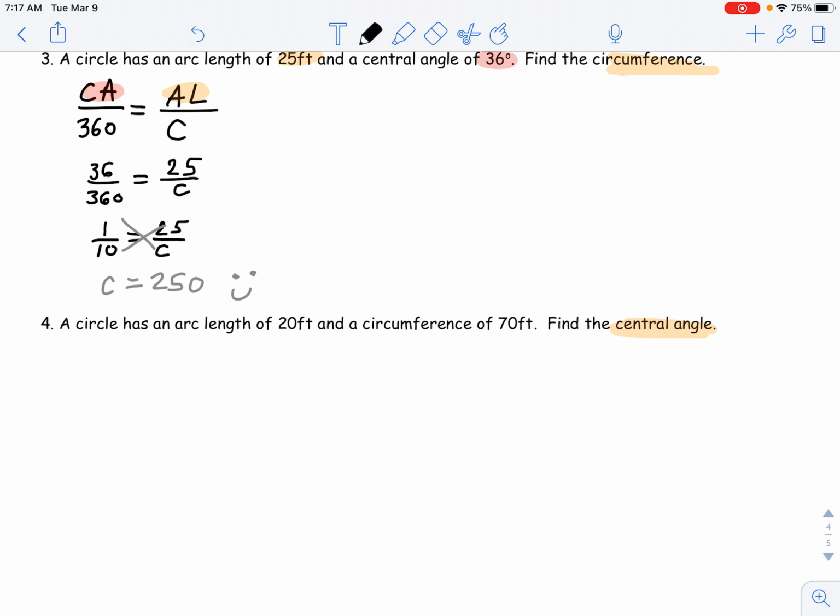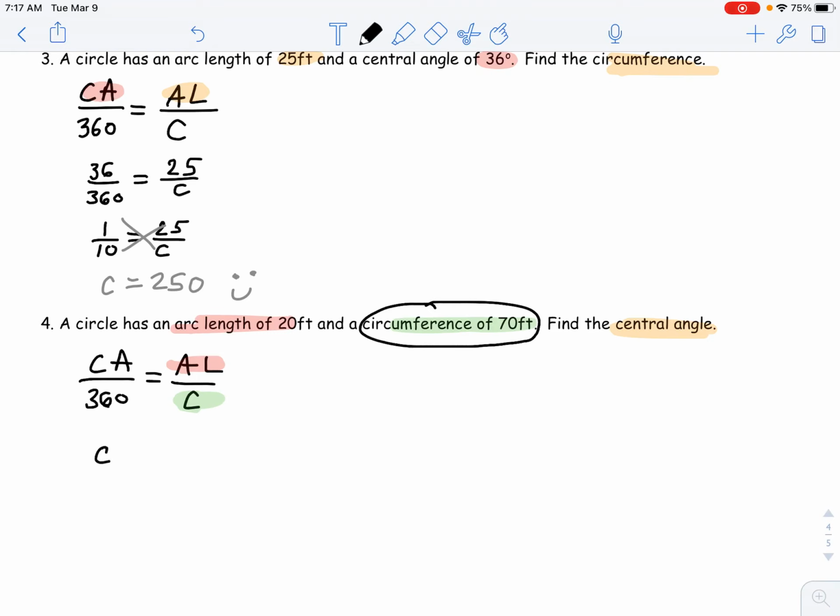All right, same problem except different now. We have the central angle over 360, arc length. And now, let's see, it gave me the circumference of 70 feet. So again, I'm just going to call that C. All right, so I have the arc length. I have the circumference. Let's just plug in all that junk, and this time we're finding central angle.